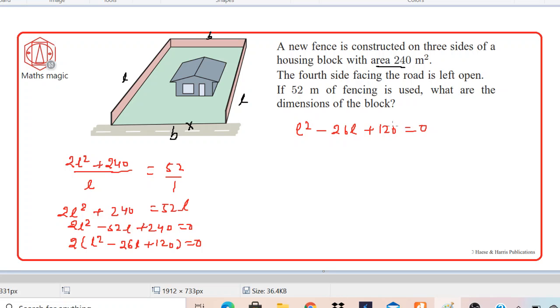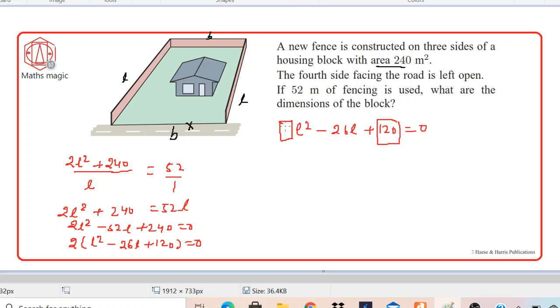Now we have to solve this. How can we solve this? We can apply either the quadratic formula, the completing the square technique, or quadratic factorization. I'll go for quadratic factorization over here. You know the rules. You have to multiply this constant term with the coefficient of L square.